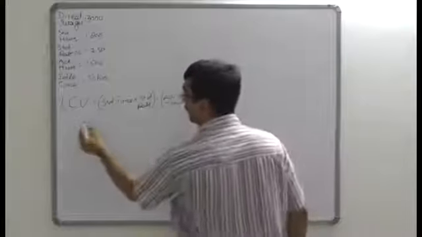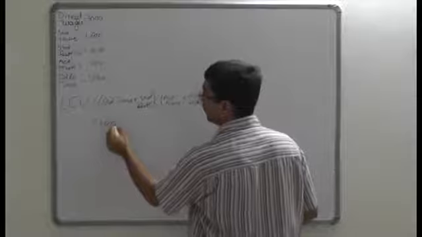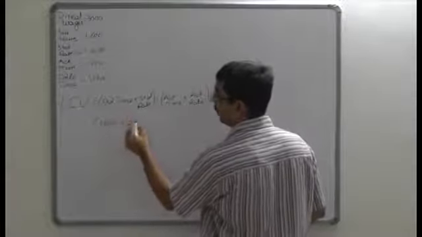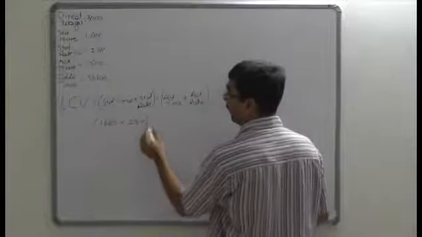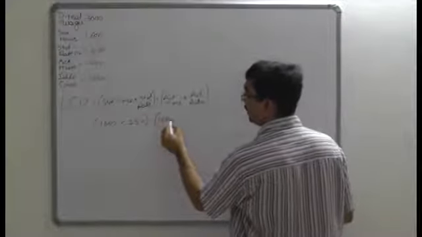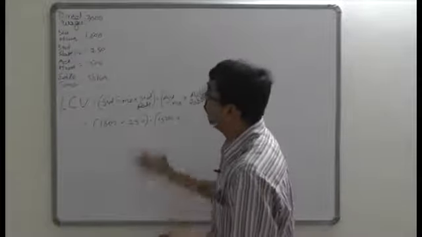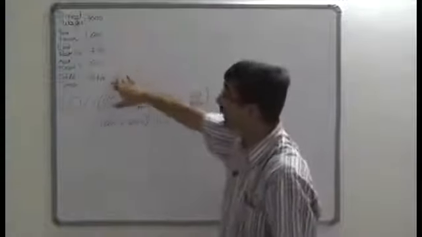Let's see. Standard time is 1600 hours. Standard rate is 1.50, minus actual time, that is 1500 hours, multiplied by actual rate. Actual rate is not given here directly.